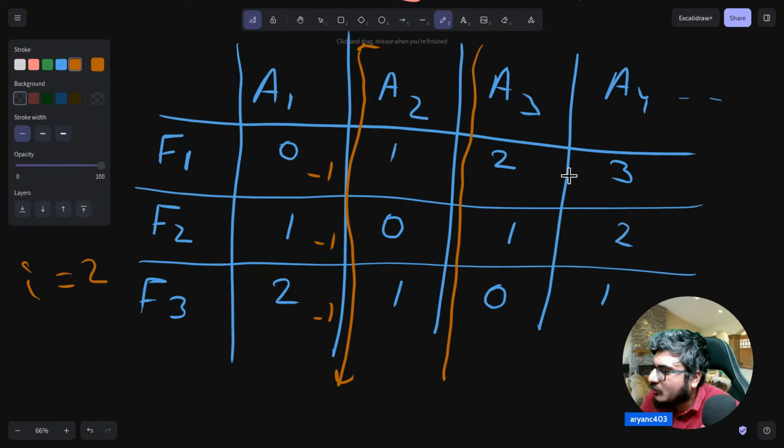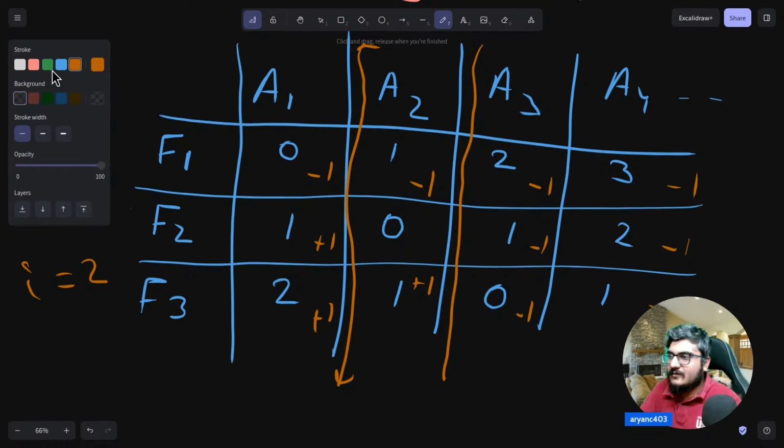And all the elements here, sorry, it keeps on increasing by 1 here. And all the elements here, it keeps on decreasing by 1. And earlier it decreased by 1 and then it increased by 1.